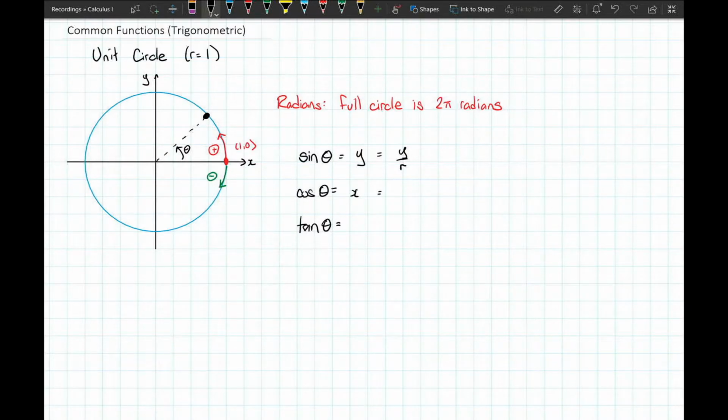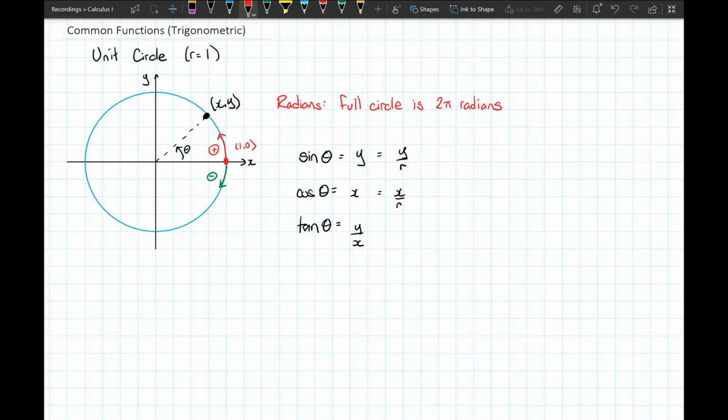If it's not a unit circle and has a radius of r, then we extend that to x over r. And tangent theta is the ratio of y over x. So at any point around the circle, we end up at a point with an x coordinate and a y coordinate, and just using that information, we can come up with sine theta, cosine theta, and tangent theta.